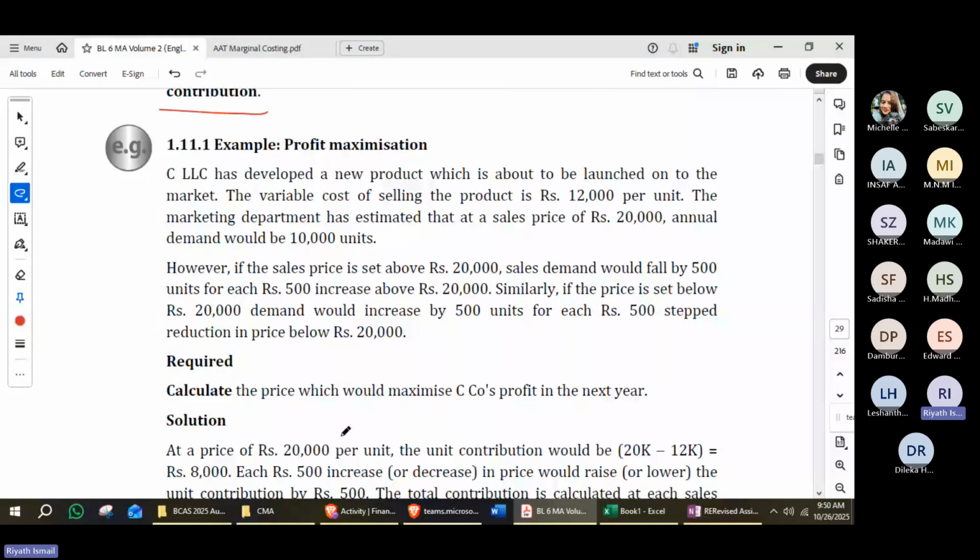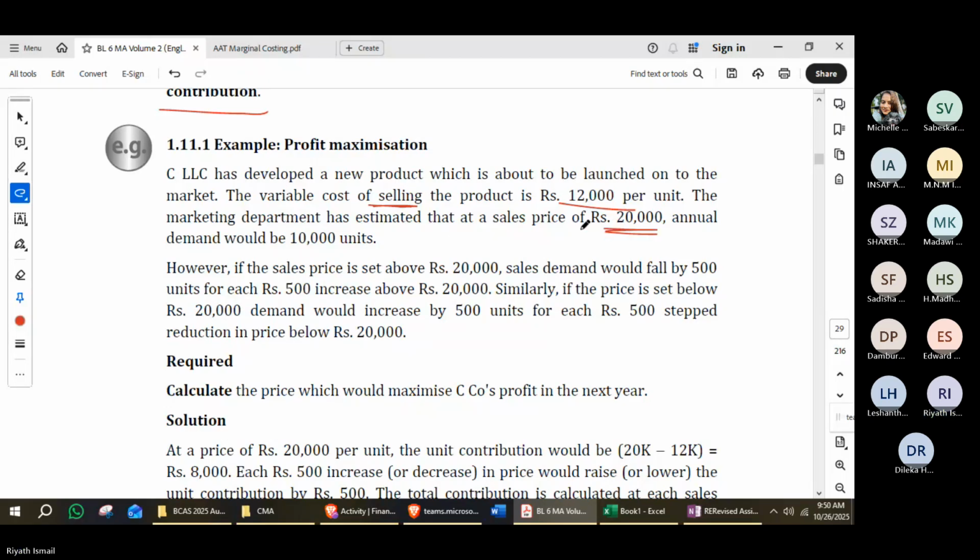T LLC has developed a new product which is about to be launched on the market. The variable cost of selling the product is 12 per unit. The marketing department has estimated that the sales price will be 20.